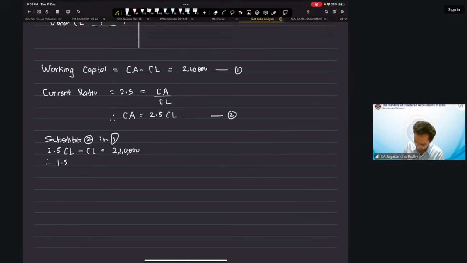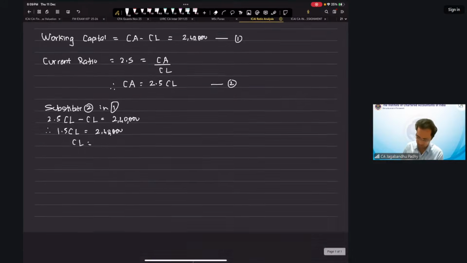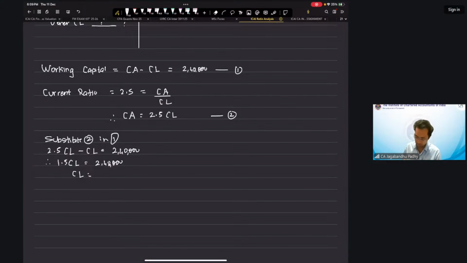So this is 1.5 current liability is 2,40,000, and then current liability is going to be 2,40,000 divided by 1.5. That's 1,60,000, right? So we got the current liability as 1,60,000.